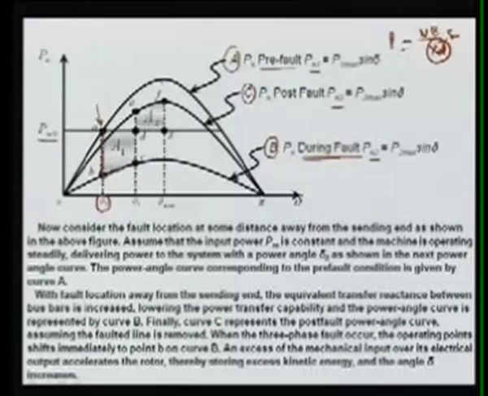Now in this case your PE which is fed to the infinite bus is reduced, because here Pm is more and Pe is less, so the machine will accelerate. Accelerate means your delta will increase. Let's suppose at delta 1 the fault is cleared, and this fault clearing is associated with the tripping of the line, means suddenly we reach the post-fault condition, that is point E of the post-fault curve.